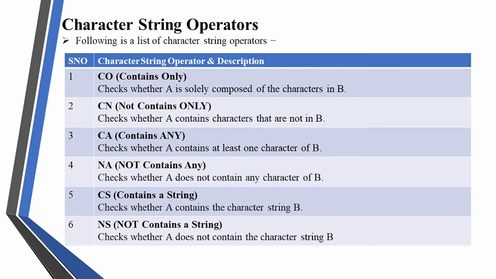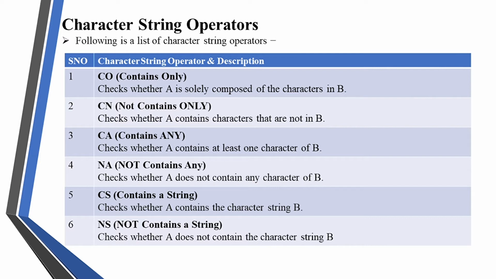See here, CO, this is a keyword we are going to use. CO means contains only. For example, there is a dictionary key value, and we want to see whether it contains only I. If CO means contains only, then we will use this one.